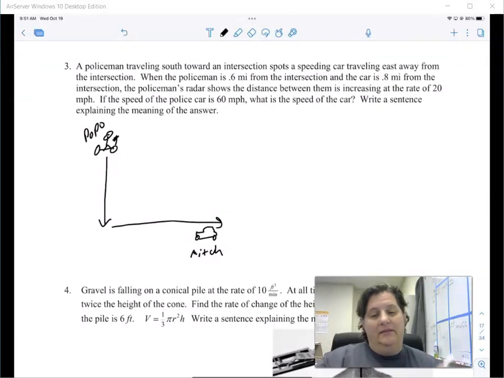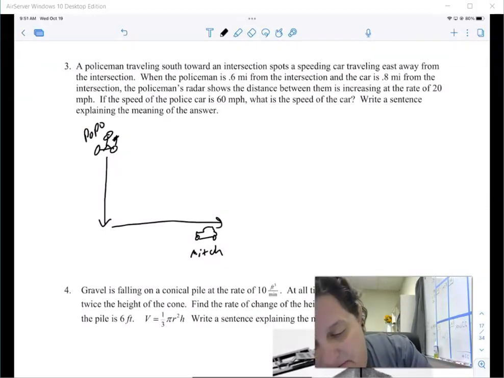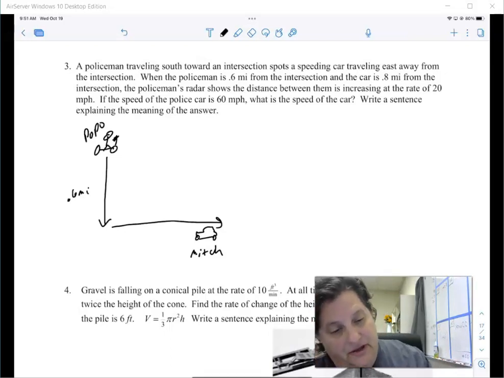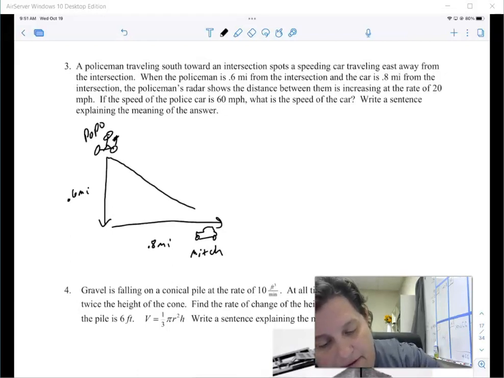Okay. When the policeman is 0.6 miles from the intersection and the car is 0.8 miles from the intersection, the policeman's radar shows the distance between them is increasing at a rate of 20 miles per hour.